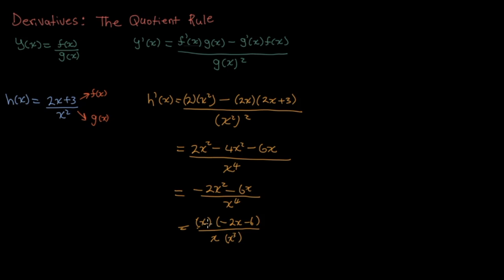Of course, these x's cancel out and we are left with negative 2x minus 6 over x cubed. All right, and that would be the answer for that derivative.